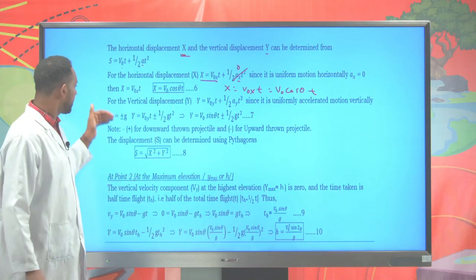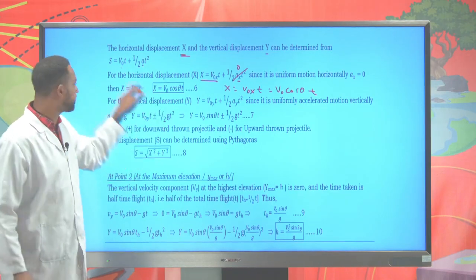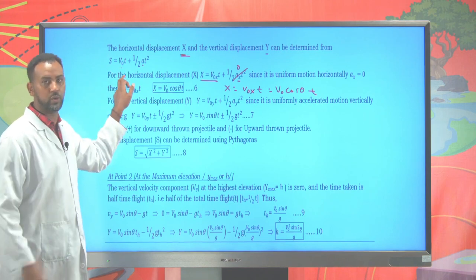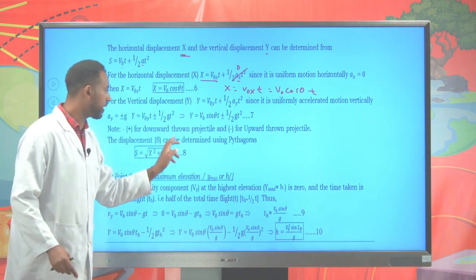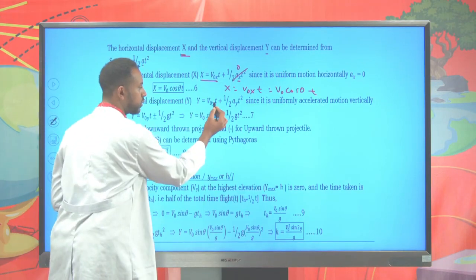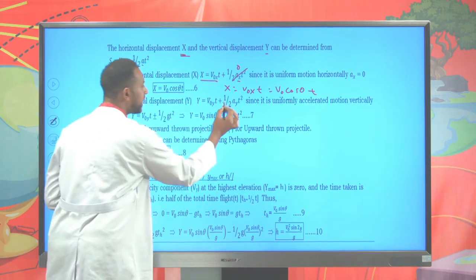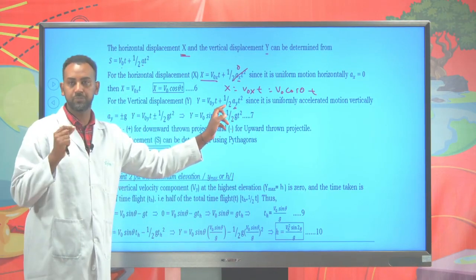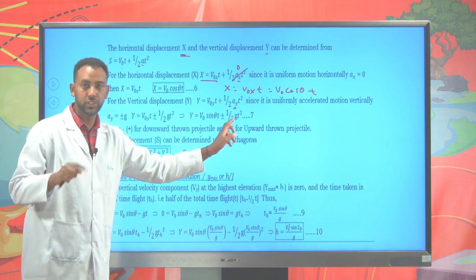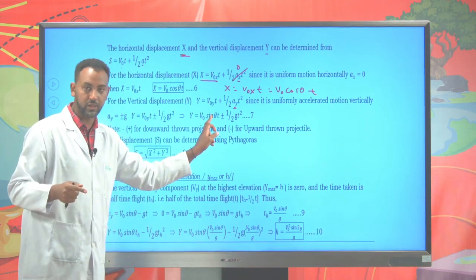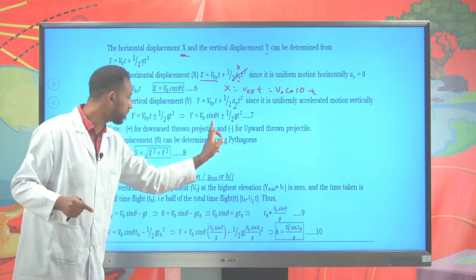Whereas to determine the vertical displacement, we know that this is the general equation. Instead of using s, we can use y or h. Okay, let's use y. Then the initial velocity is the vertical component, v naught y t, plus half times the acceleration along y times t squared. But the acceleration along y is gravity, so we use g. And the initial vertical velocity component is v naught sine theta.